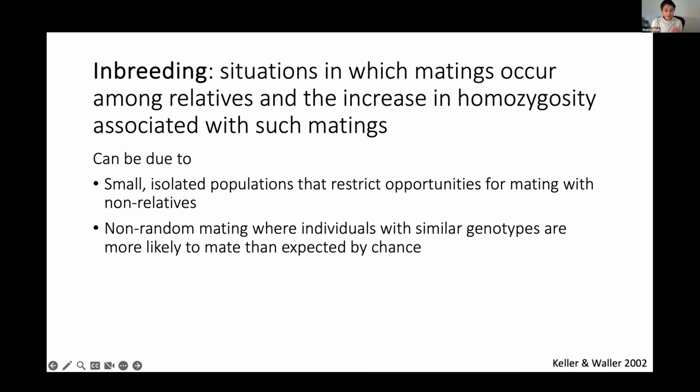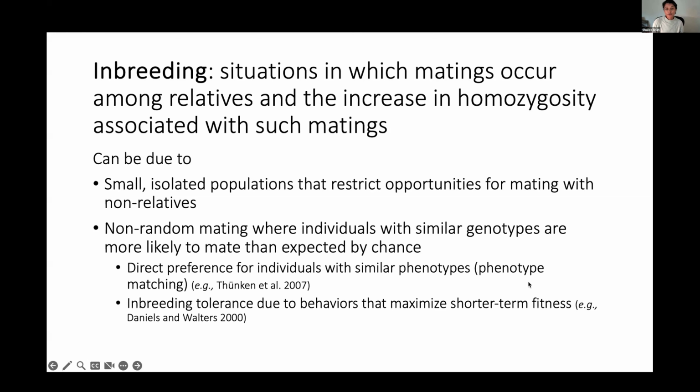But second, there could be a behavioral component in which, in addition to that small isolated population, you might have some non-random mating in which individuals with similar genotypes are more likely to mate than expected by chance.